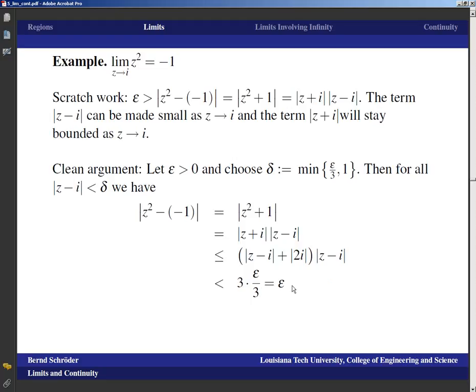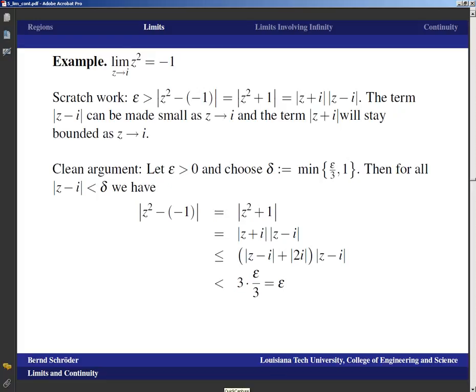That gives the epsilon. I typically like to write my proofs in such a way that really at the end I have an epsilon, because sometimes if you do a sufficiently complicated estimate, you might end up with something times epsilon, and that something might in a hidden way depend on epsilon and make everything go wrong. But this one is a correct proof.